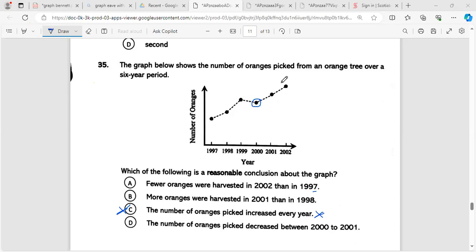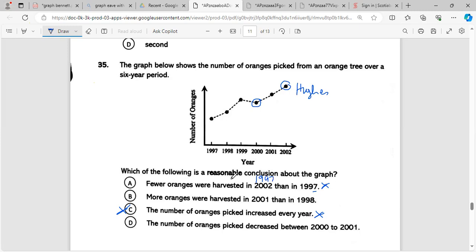In fact, 2002 is the highest here, so it doesn't matter. This is the highest it has been over the 6-year period. So it is a lie. If they had said fewer oranges were harvested in 1997 than 2002, then it would have been correct. So this one is out the window.